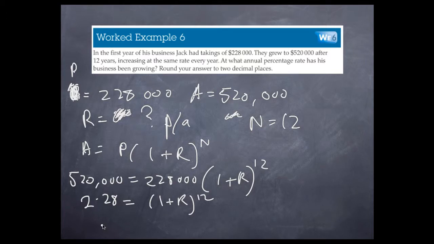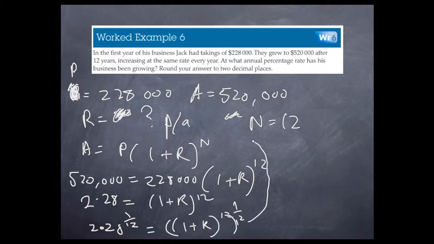Now, in order to get rid of this power of 12, we need to take the reciprocal power, which is the same as saying 2.28 to the power of 1 over 12 is equal to (1 plus r) to the power of 12, all to the power of 1 over 12. That means that this 12 and this 1 over 12 cancel each other.